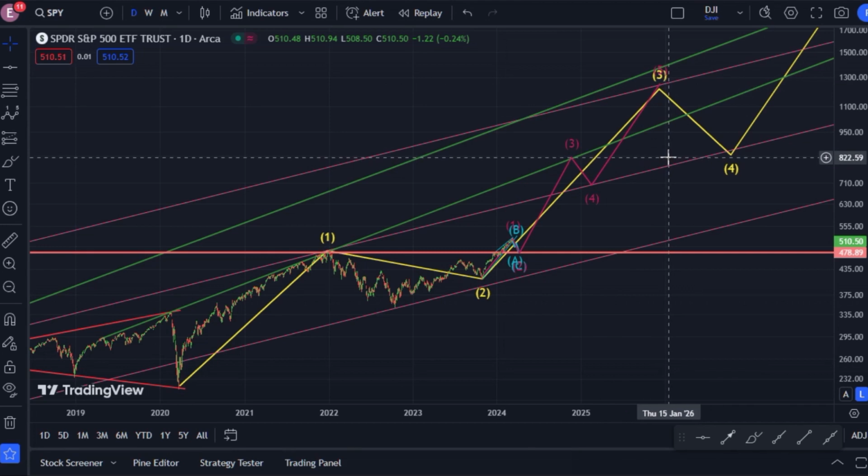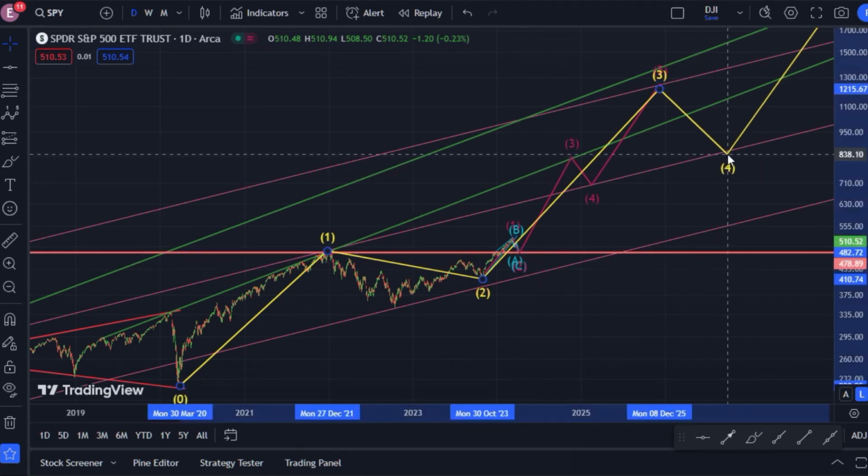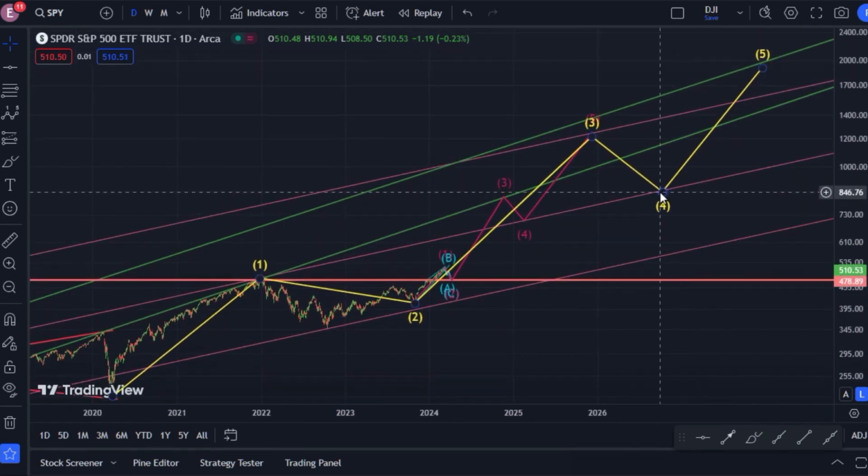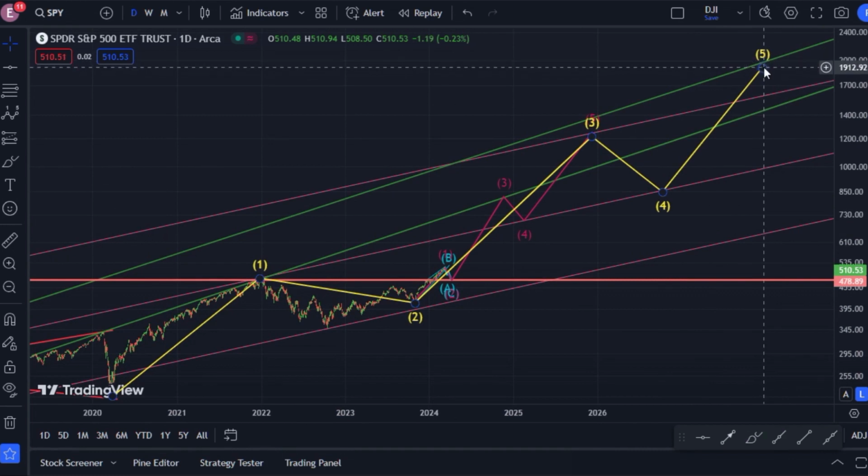Third wave, $820. But first, a correction around $478. The target of this impulsive start from the pandemic is around $2,000.